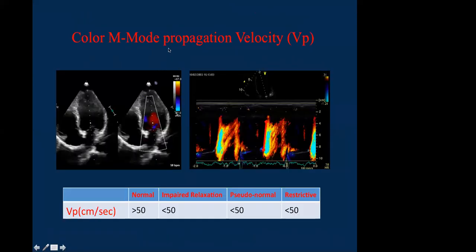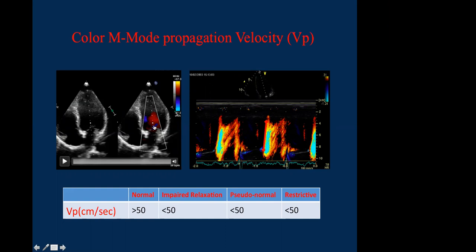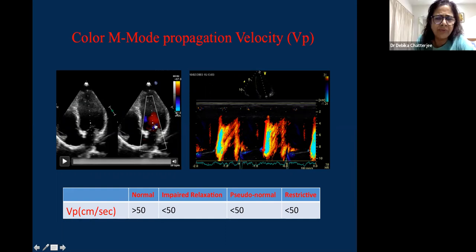Here we measure the velocity of propagation of the blood from the base of the LV to the apex of the LV. As the blood enters the LV after opening of the mitral valve, the blood moves from base to apex. We will be measuring how fast the blood is moving from base to apex. For that, we take the help of M mode, not the pulse wave Doppler.